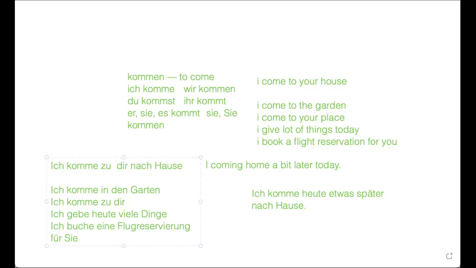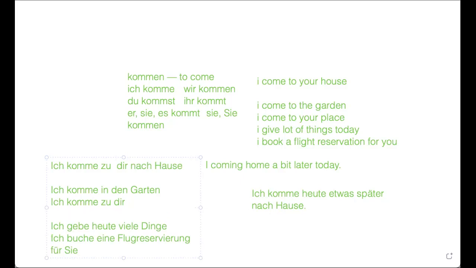Basically we use nach for 'after', but there is a sense here: I come to your house, still 'to the house', nach. So ich komme zu dir nach Hause. Ich komme in den Garten. I come to your place. It means I come to you. Ich komme zu dir. I come to you.